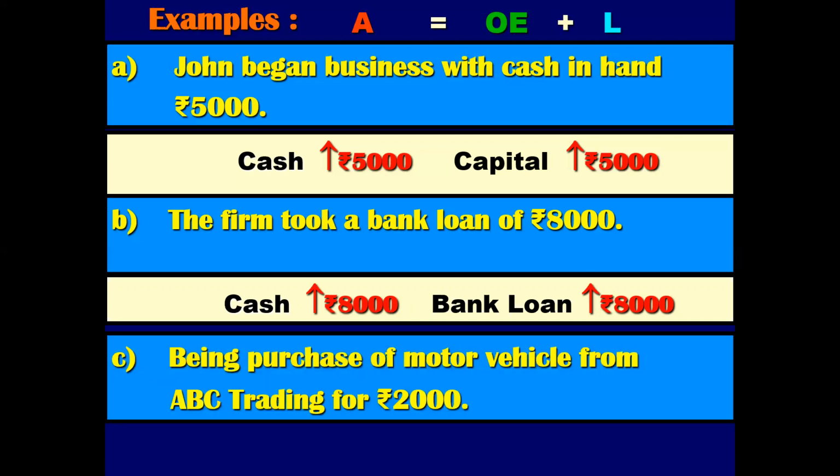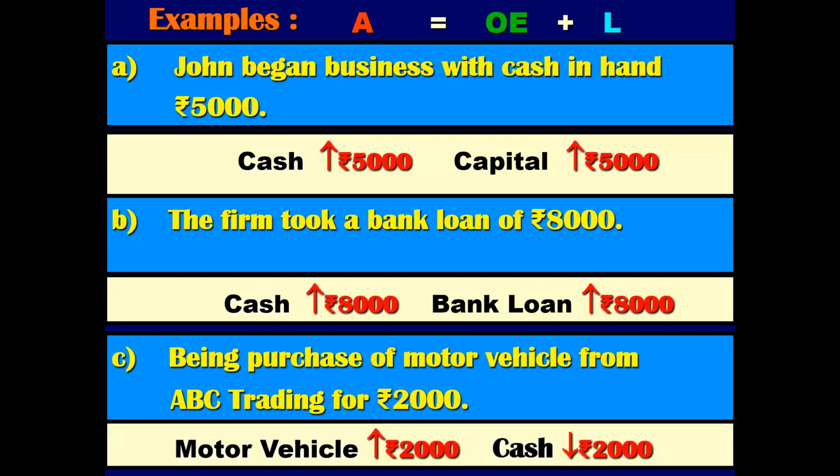Third example: being purchase of a motor vehicle from ABC Trading for 2,000. You purchase one motor vehicle from ABC Trading. See the entry: you receive a motorcycle, so you receive one asset, so asset value increases. At the same time you pay money for that.